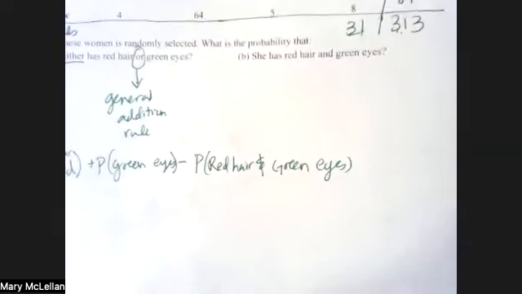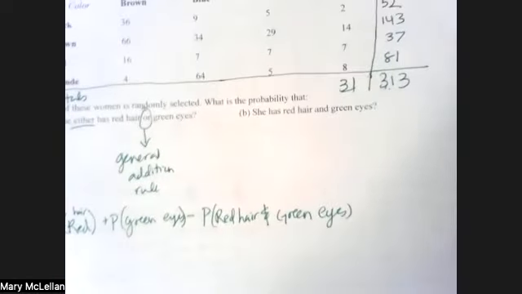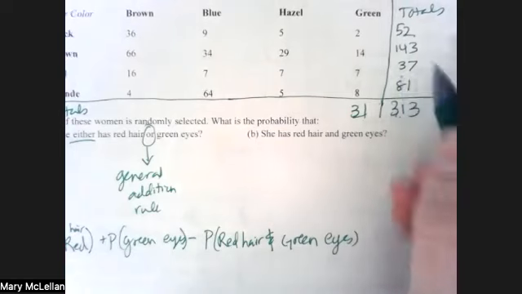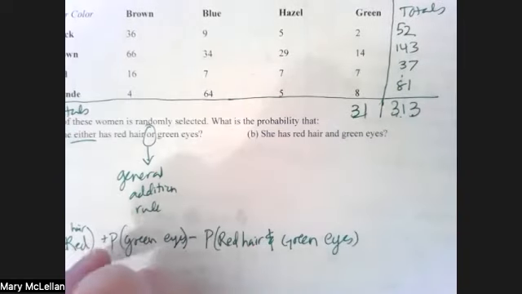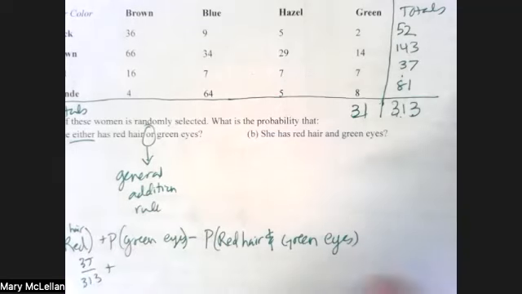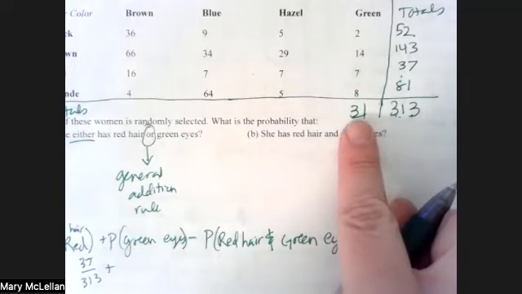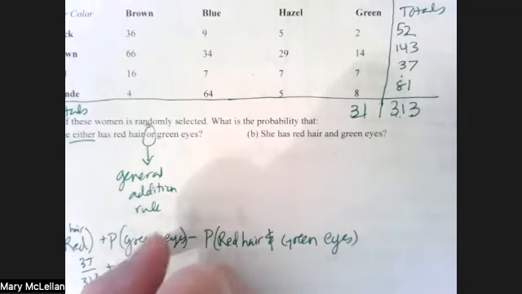Okay, now I can do this problem. So the probability that a randomly selected student has red hair, that's 37 out of 313. Plus the probability that a random student has green eyes, that's 31 out of 313.